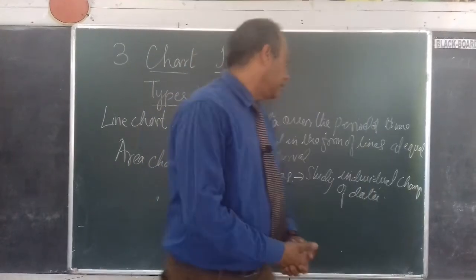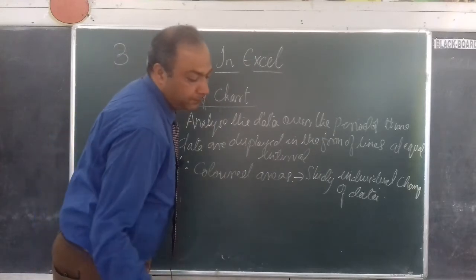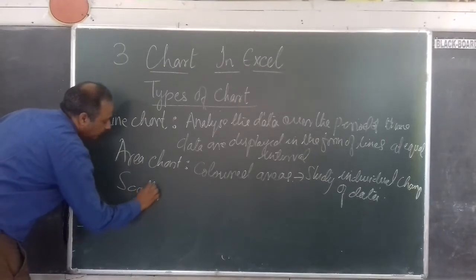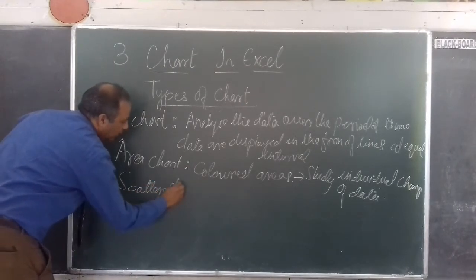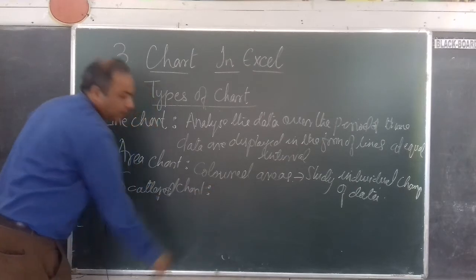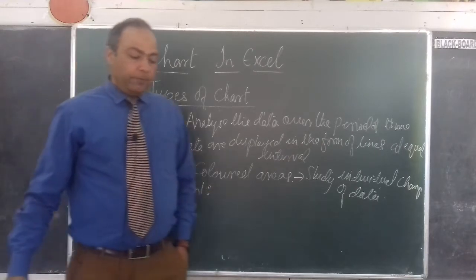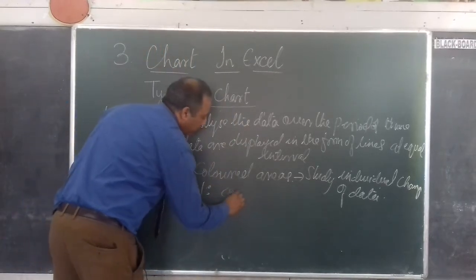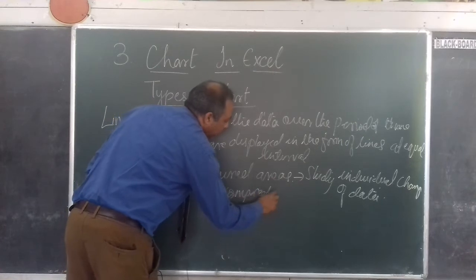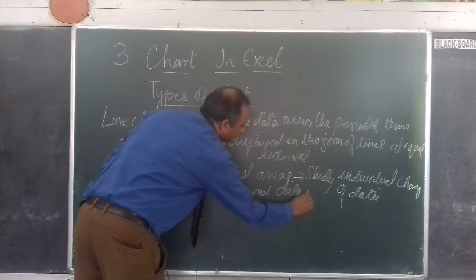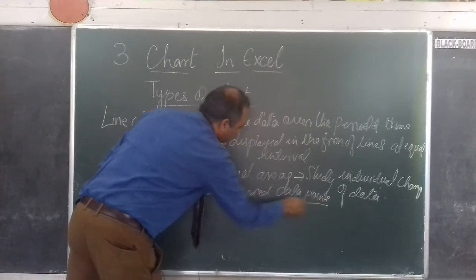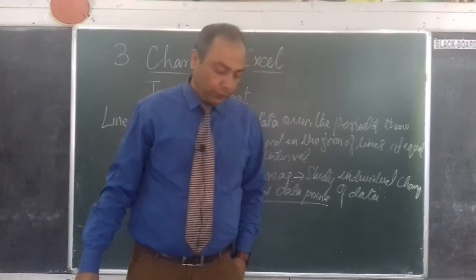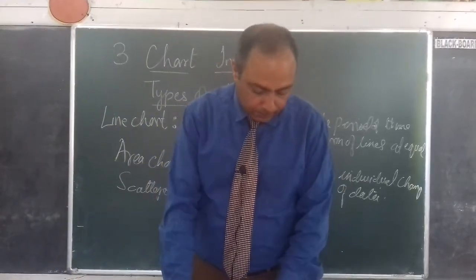So the next type of chart is the scatter chart. The scatter chart is used to compare a large number of data points.